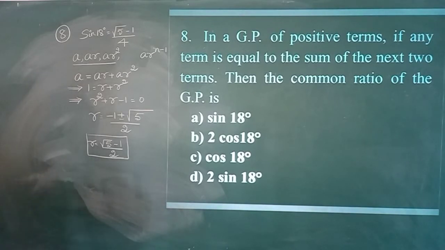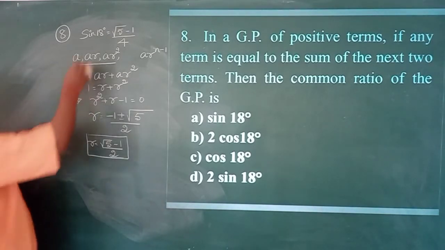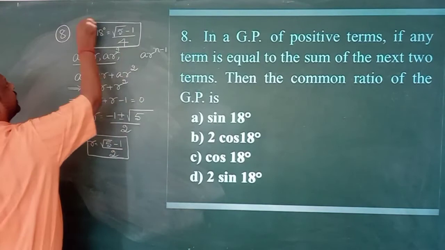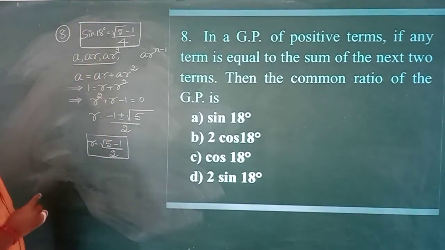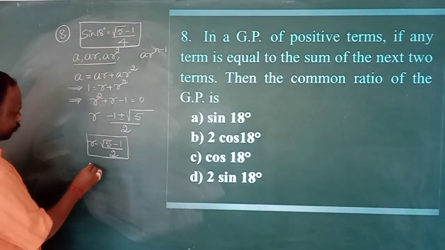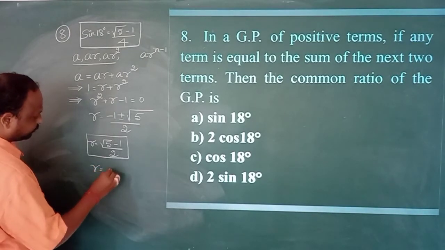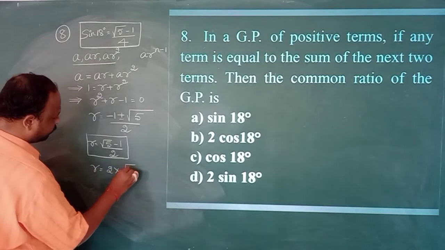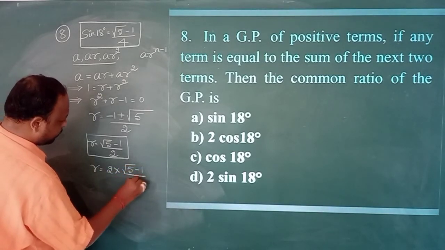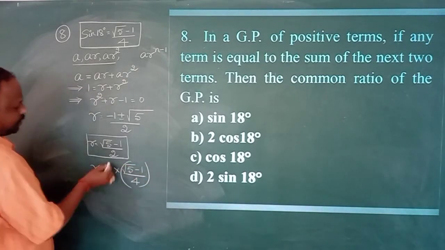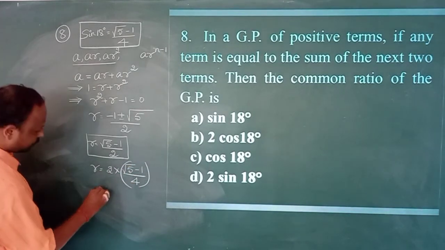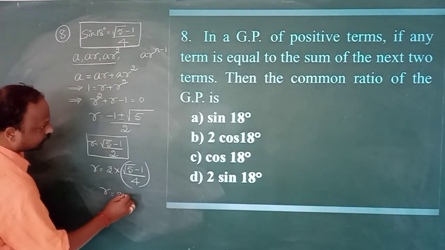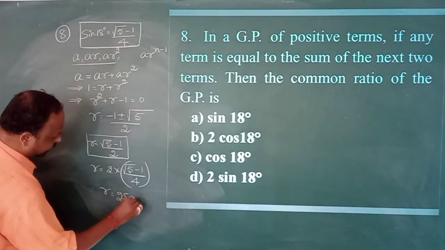But we have the formula sin 18 degree is root 5 minus 1 by 4. So you can write this as 2 into root 5 minus 1 divided by 4, which will be r equal to 2 sin 18 degree.